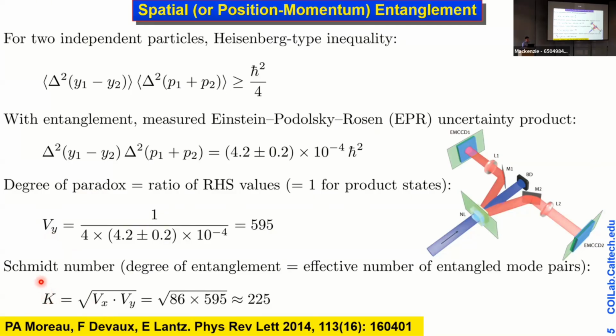This number is called the Schmidt number. And this translates into the degree of entanglement, or essentially the effective number of entangled mode pairs. This is very useful because eventually your super resolution imaging will be limited by this number. Of course, if you want to go beyond, get higher, that means you have to improve your source and try to build a higher Schmidt number for super resolution imaging.